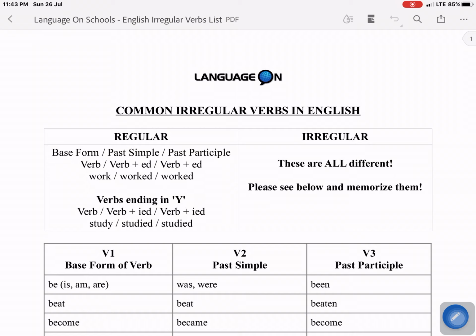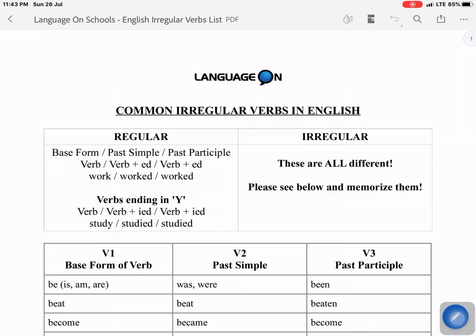It's quite easy with regular verbs. We can easily do that into V1, that is base form, V2 past simple, V3 past participle, and V1 ing, that is present participle.